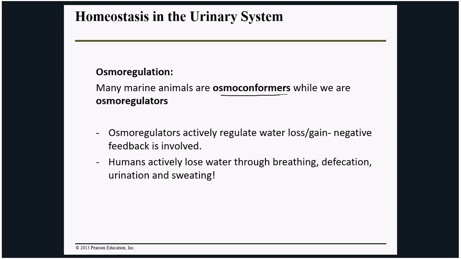Humans, on the other hand, are osmoregulators. So we can regulate the amount of water and solutes within our body regardless of what's going on. We can swim in the ocean or in fresh water, and that's not really going to affect us.